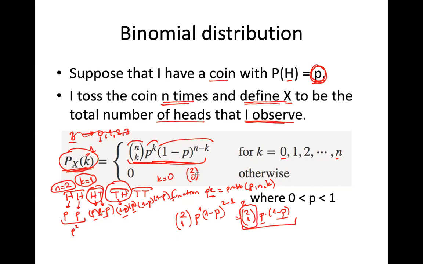What is it? 1. 1 times P to the power 0, times 1 minus P to the power 2 minus 0. So no heads. So this is 1. I will only have 1 minus P to the power 2, or 1 minus P square.